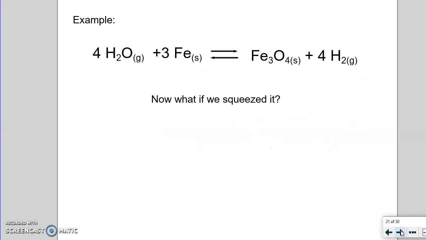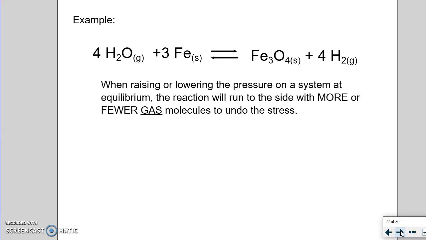So now what if we squeezed it? If we squeeze it, that's a pressure change. When you squeeze something, like put a piston on it and push down, it's going to make a higher pressure. So if I raise the pressure, the system is going to want to lower the pressure.